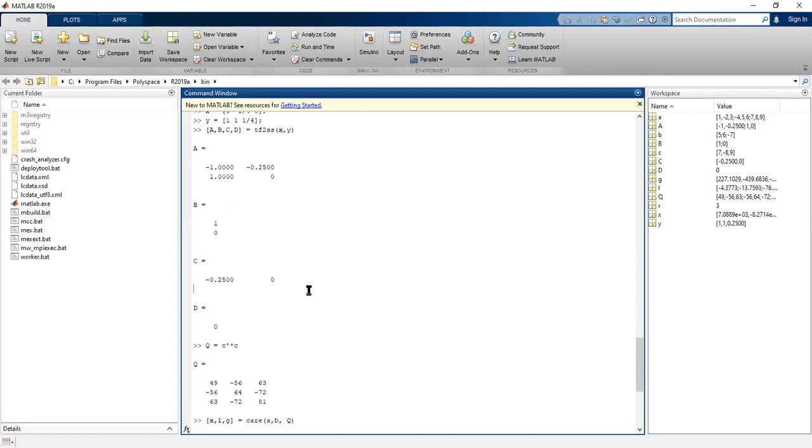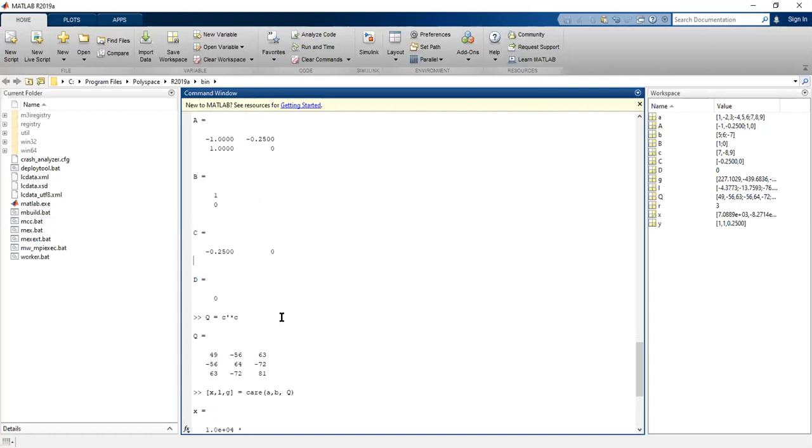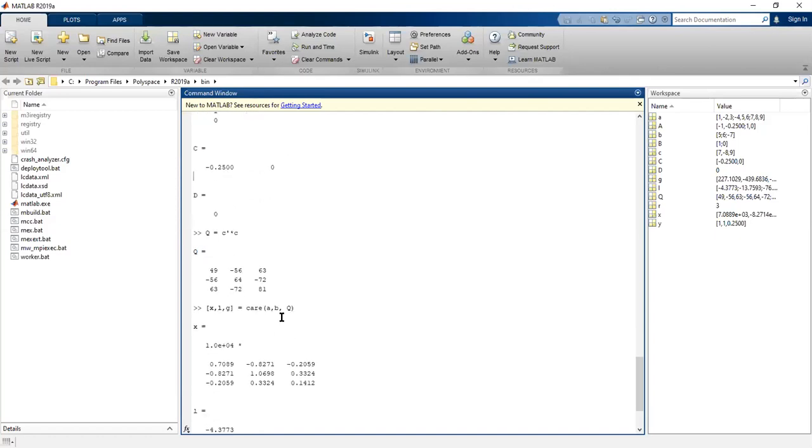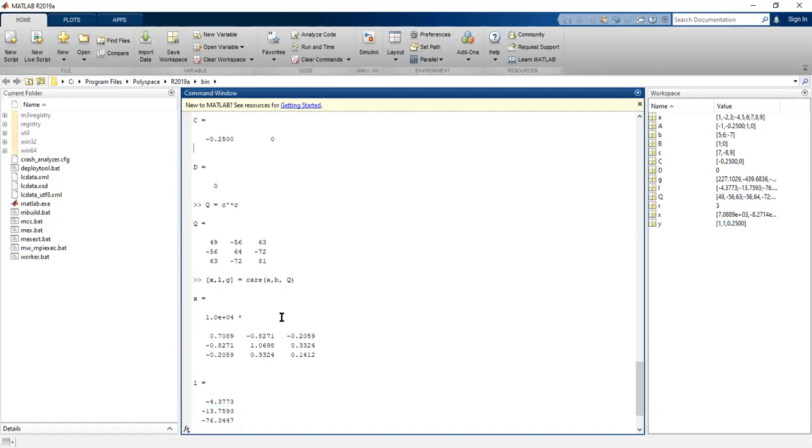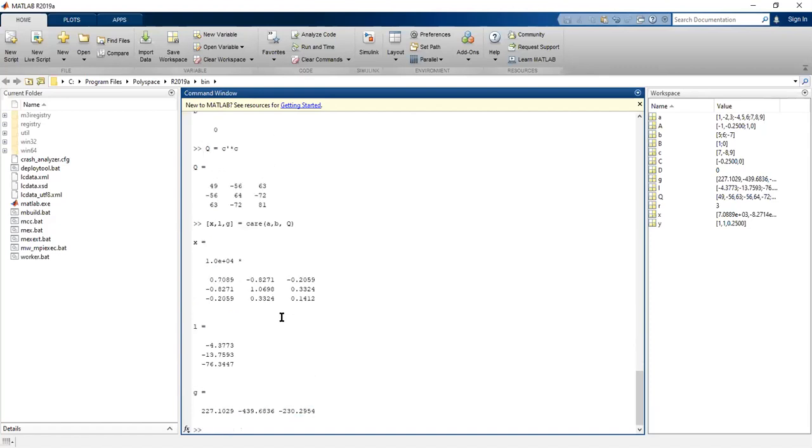I don't remember what I have. A is upside down, B is upside down. All right. So when you enter them in MATLAB, you see that it will give you the gains that you would use for the system.